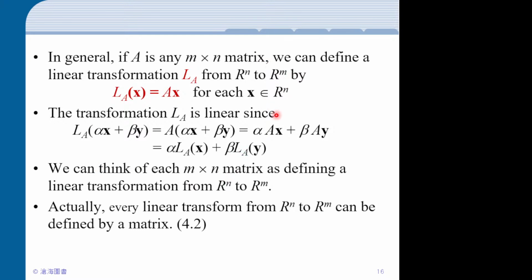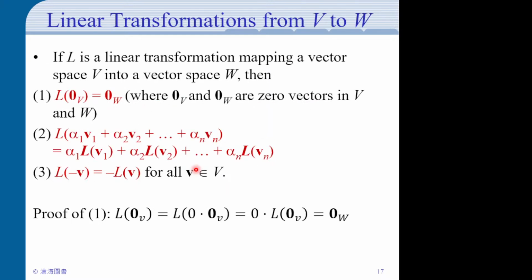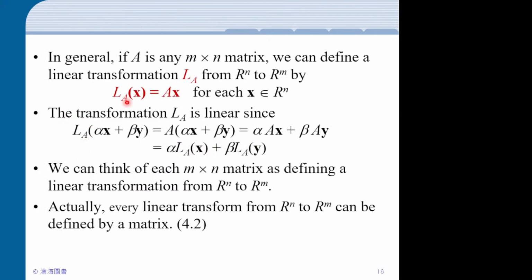And you can easily check that this is linear, just because matrix multiplication has those very linear rules we have been talking about. Matrix multiplication has these distributive rules and the associative rule that make it respect the linear combination of the input, and it becomes a linear combination of the output.